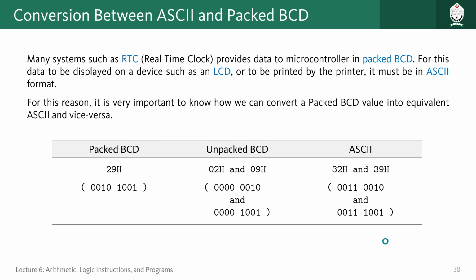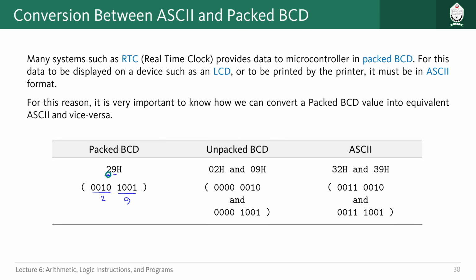Now let us look at the format we have. Take the value 29h, which is a packed BCD example. This digit is 2 and this digit is 9, right? If I want to convert that to ASCII, I need one ASCII character for 2 and another for 9.